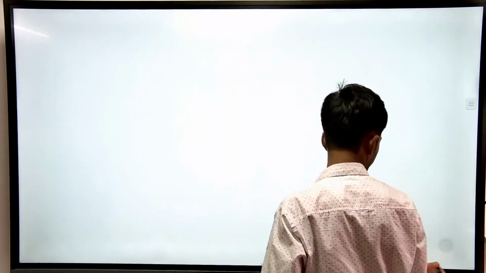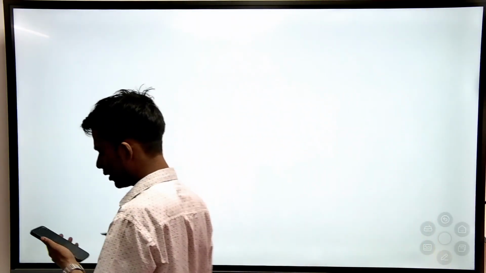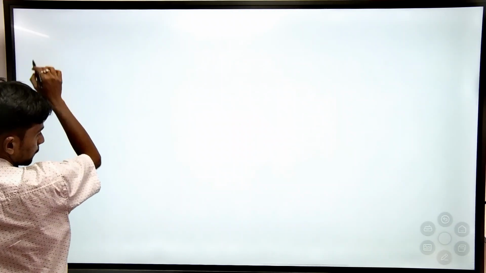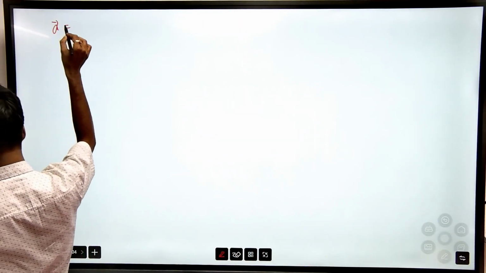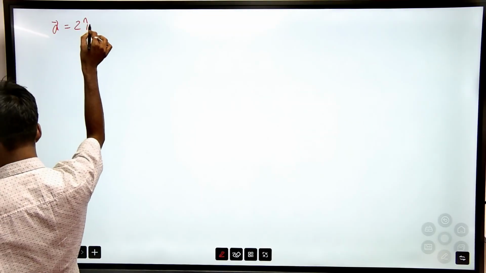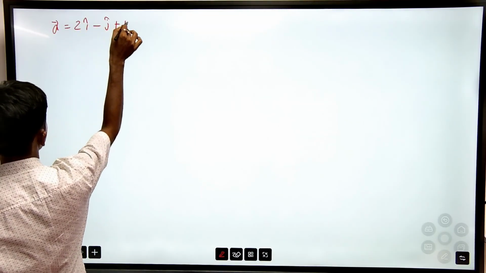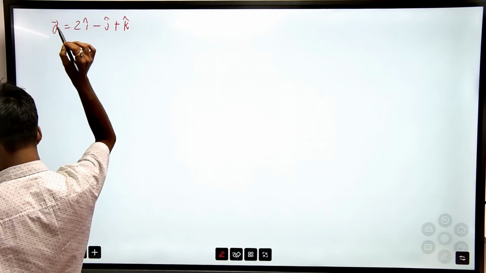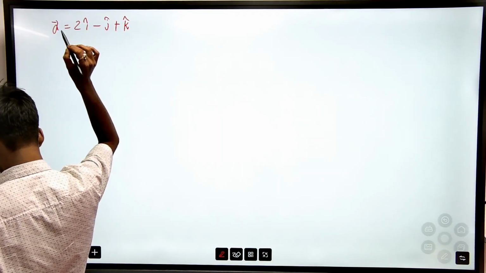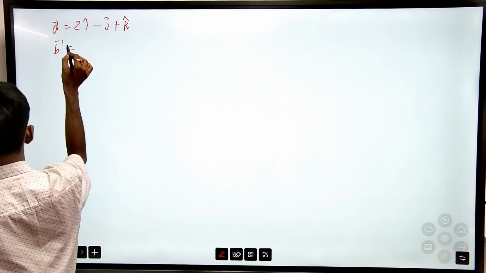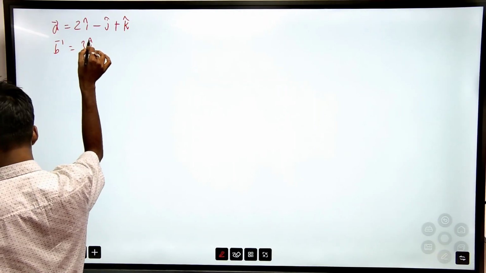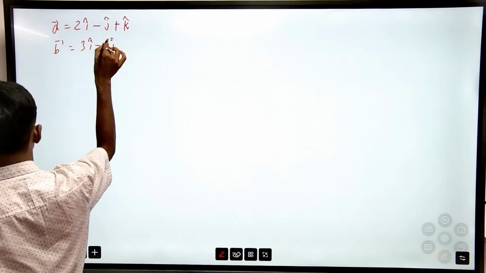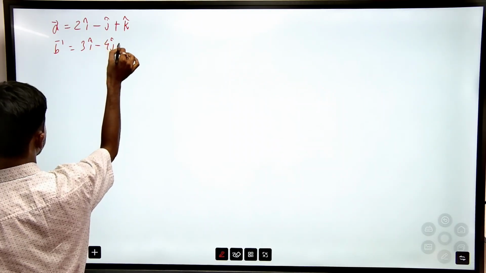हाँ ठीक, हो गया. Now see, the two vectors are given as, if you are writing vector A, suppose that will be my 2i minus j plus k. Then second vector is vector B, that will be your 3i minus 4j minus k.